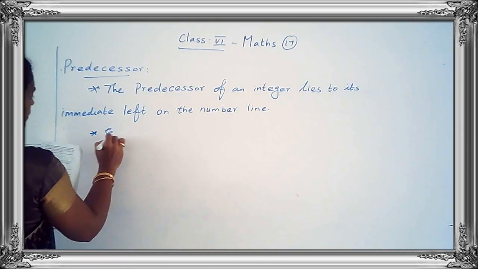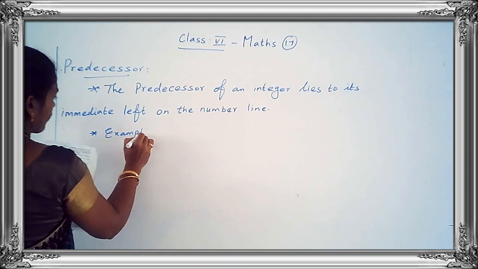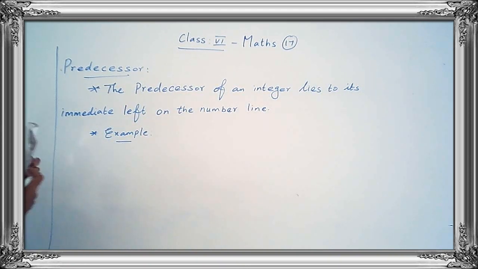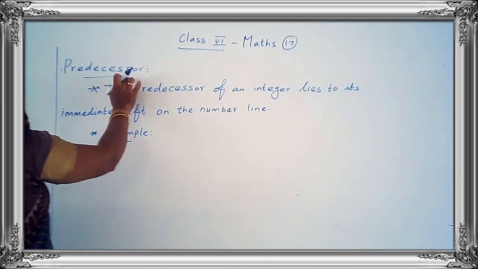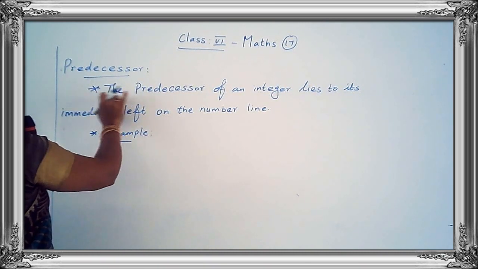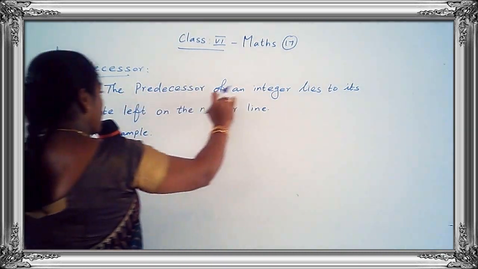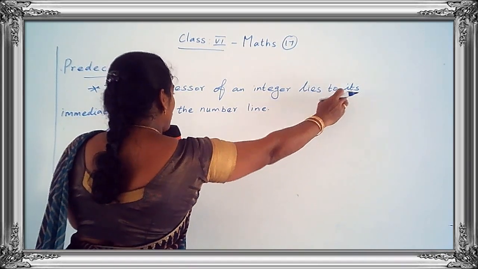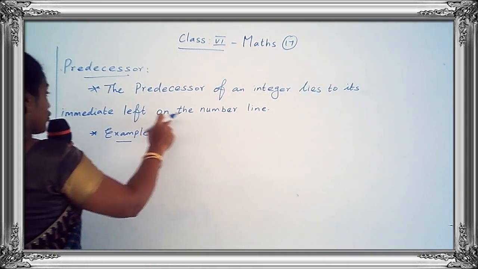All of you write in the classwork note. Write the subheading predecessor, then after that write the definition. The predecessor of an integer lies to its immediate left on the number line.